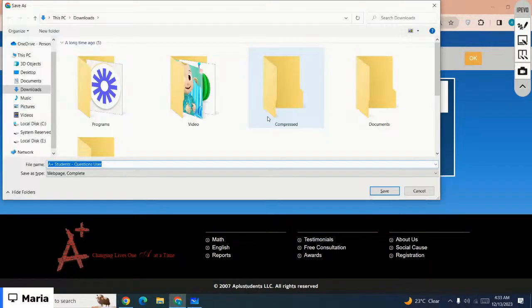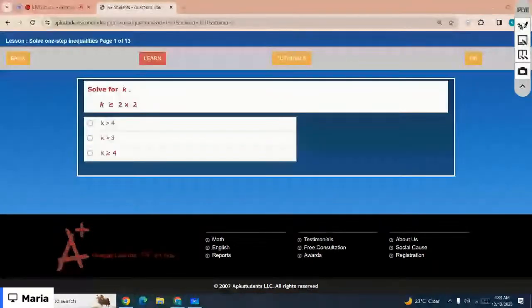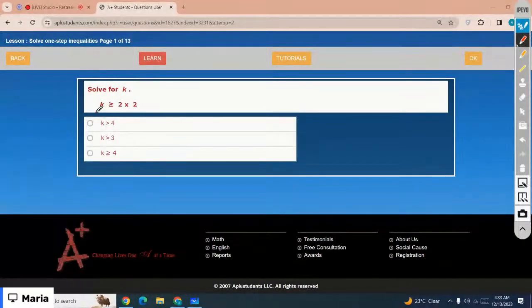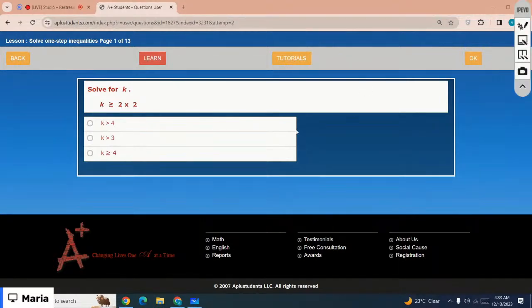You just have to do 2 times 2, right? The variable is already isolated. You can see on the one side you just have a variable. You just have to solve. So that is k is greater than or equal to 4, right? Option number 3 is the correct option. K is greater than or equal to 4.